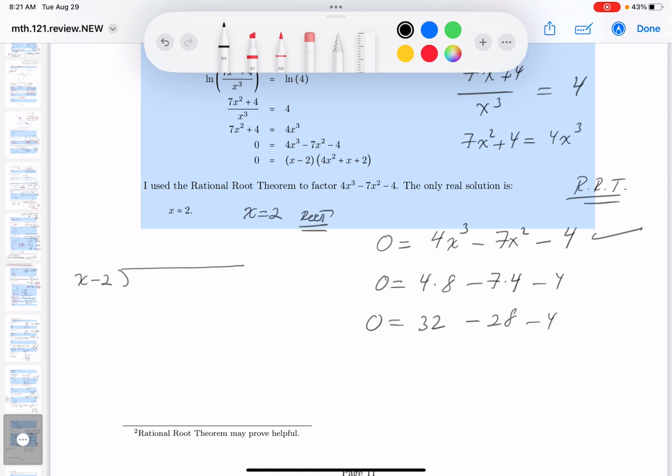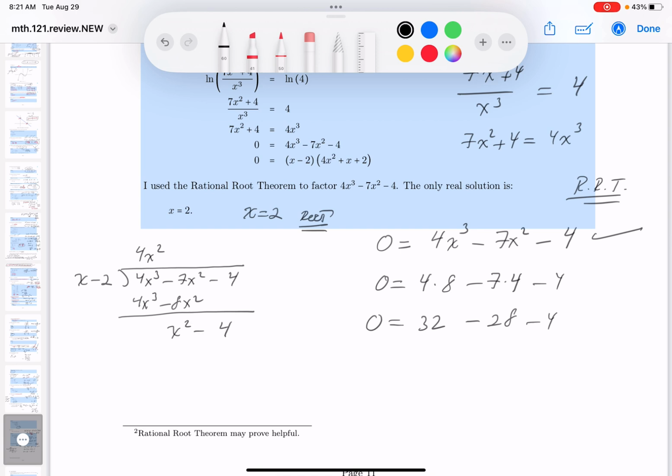I'm going to use long division now. 4x cubed minus 7x squared minus 4. Let's write this down. I'm going to put down 4x squared. That gives me 4x cubed minus 8x squared. That's not so bad, right? And then what do you get? Let's take a look. You're going to get x squared minus 4.